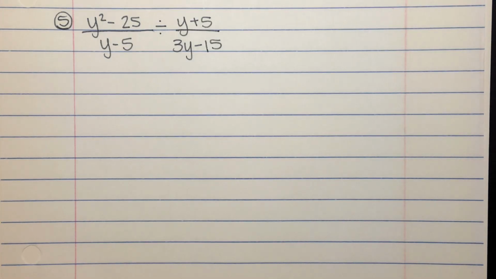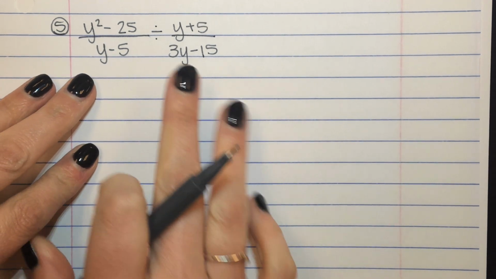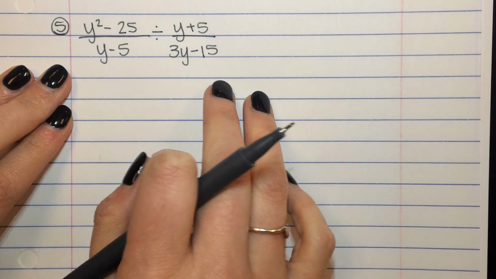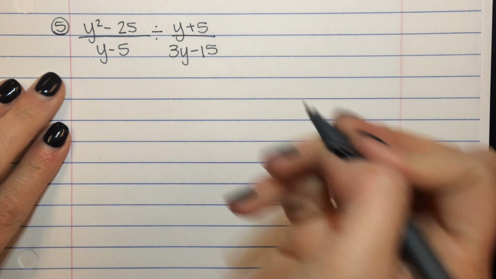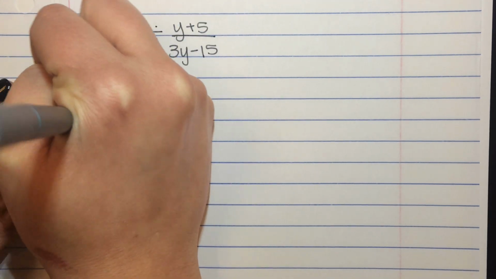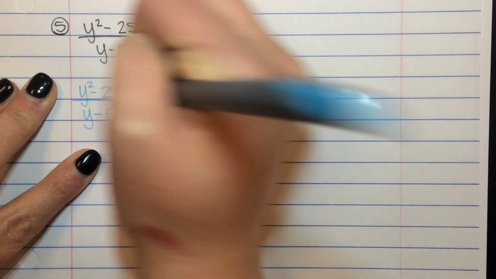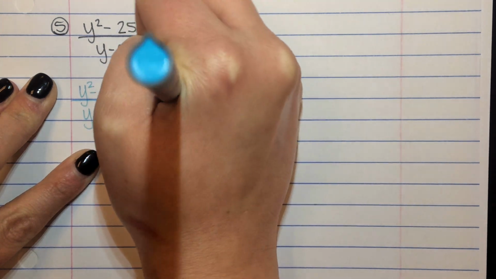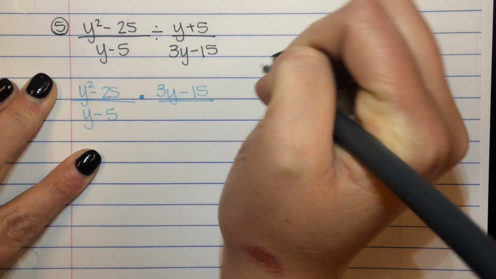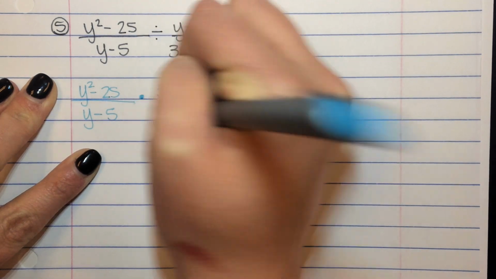Okay, we're just going to do a couple more division problems, and then we'll be good to go. So again, this is division, so we can't treat it as one big fraction just yet. So we're going to keep, change, flip. So y squared minus 25 over y minus 5 times, flip this, 3y minus 15 over y plus 5.